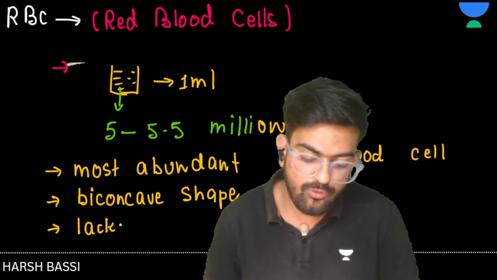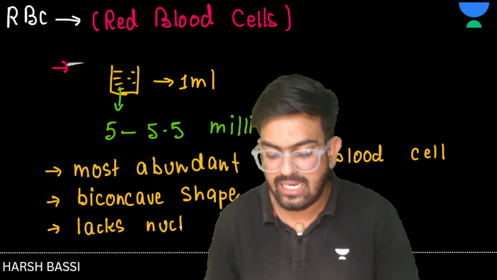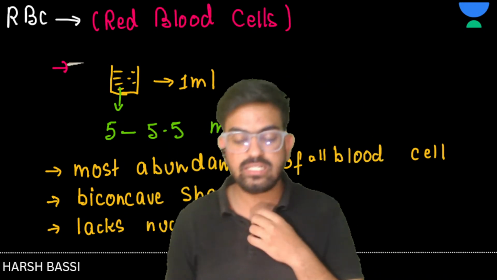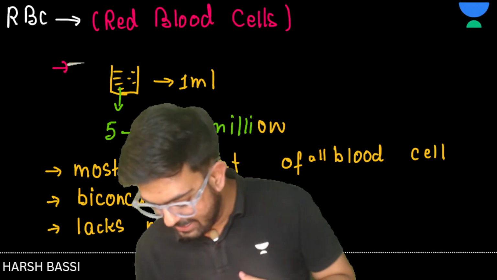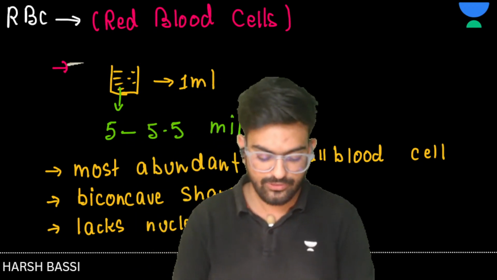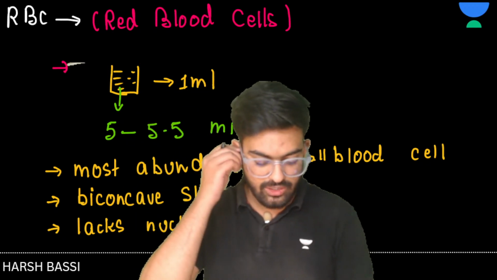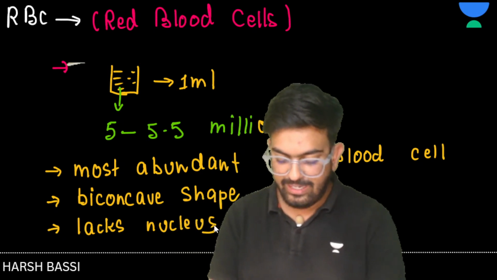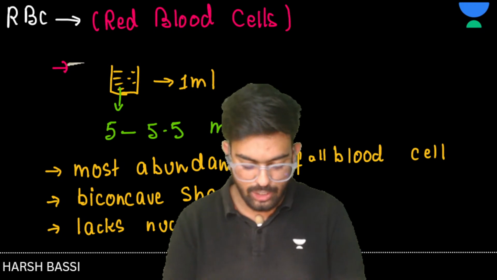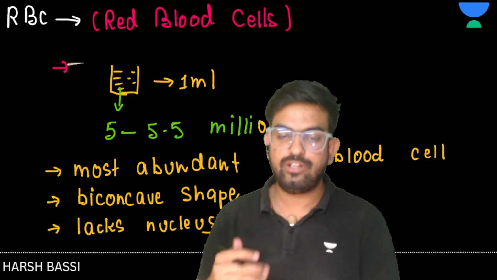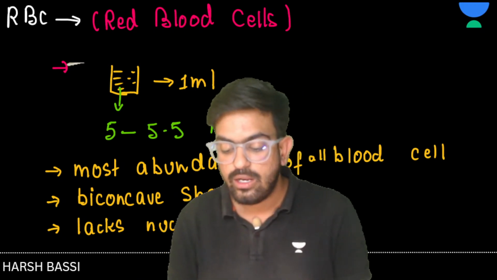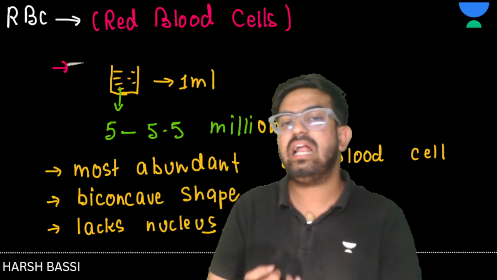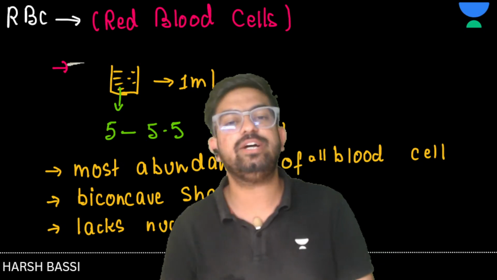Now, what is the reason behind this? Why does RBC not have any nucleus? Because the nucleus will occupy some place, and there will be less place for hemoglobin.